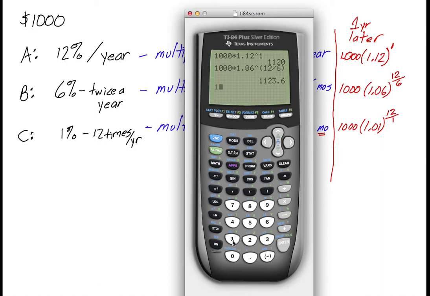And the last one, 1,000 times 1.01 raised to the, and this time it's 12 divided by 1, so it's the 12th power. And we can see that that one's 1,126.825. Okay.